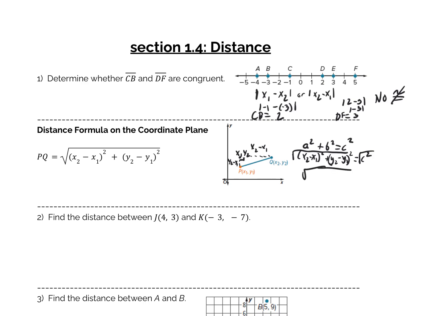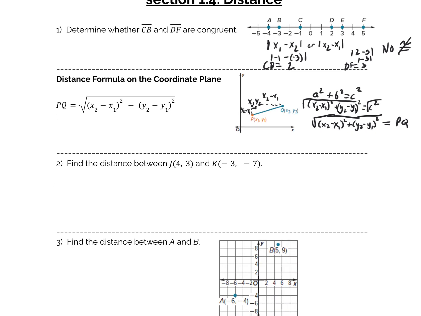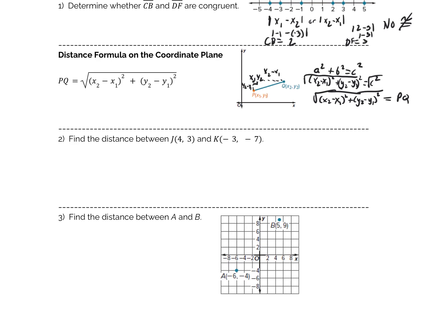So the square root of x sub 2 minus x sub 1 squared plus y sub 2 minus y sub 1 squared, that is our unknown distance, so PQ in this case. So that's where that comes from. So you can always think about making a triangle, or you can just use the distance formula. Distance formula is very helpful.